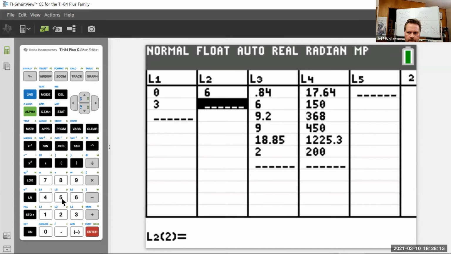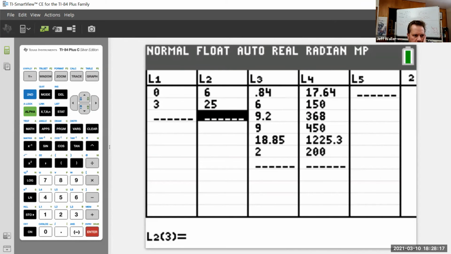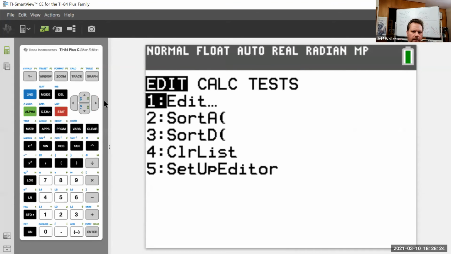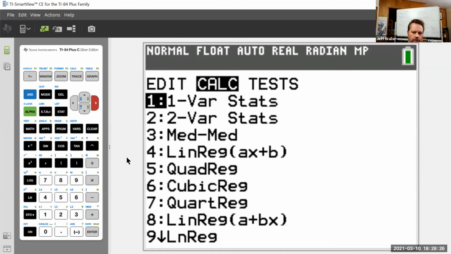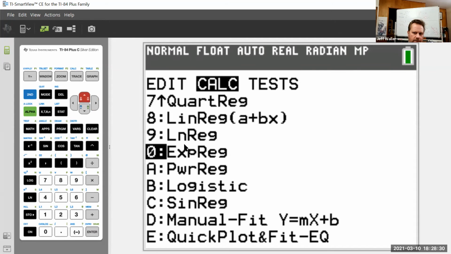You got numbers in there, right? Then go to Stat, Calc, and you can get to exponential. I want to calculate an exponential model. This REG means regression, but that's a statistical term. So I just want to calculate an exponential model.